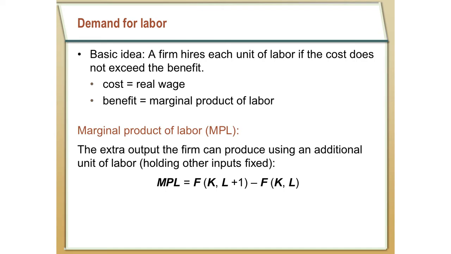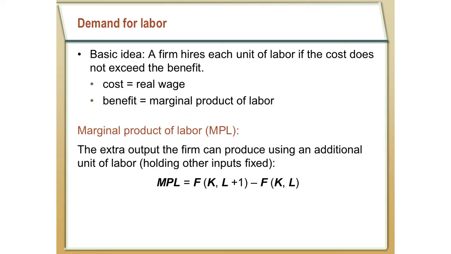So there's a much longer description in the textbook, but the basic idea is that firms are going to hire one more unit of labor if the benefit exceeds the cost. The cost in this case is the real wage. That's what they have to pay the worker to encourage them to come work for them. The benefit that the firm gets is what we call the worker's marginal product of labor. So if we hire one more worker, how much does output increase?